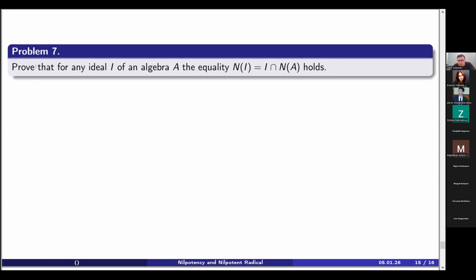Problem 7. Prove that for any ideal I of A, N_I is equal to I intersection N_A.